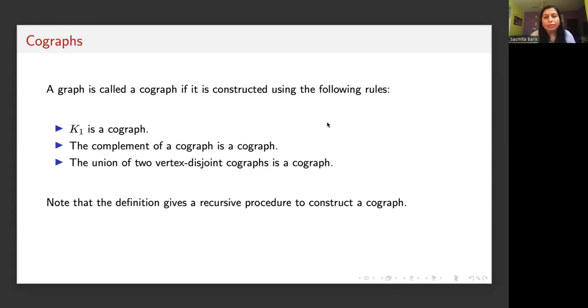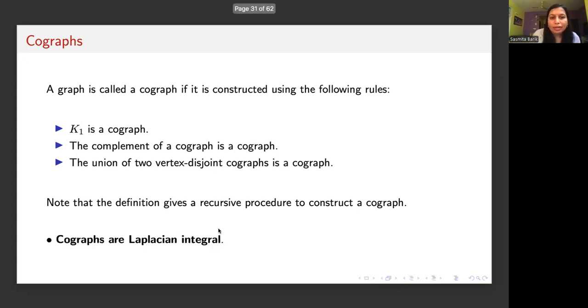So you start with a co-graph and then take the union, that is a co-graph. That's a disconnected one basically. And if you want to make a connected one, you have to take its complement, or you think about G1 join G2. So these co-graphs can be constructed starting with the singleton vertex and by making union and join, or you can think of union and complement.